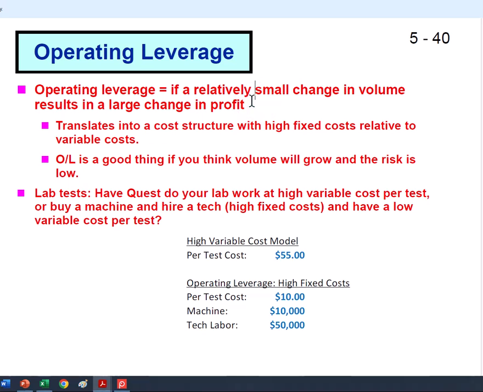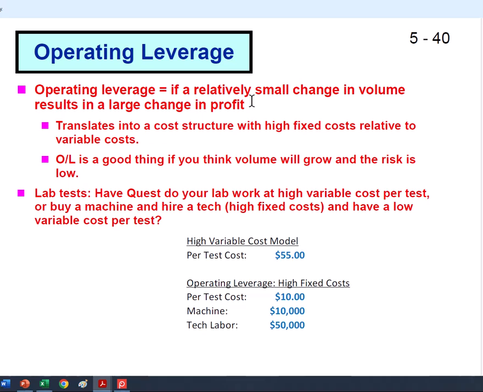So let's simplify this. You're said to have operating leverage if a relatively small change in volume results in a large change in profit. So it translates into a cost structure with high fixed costs relative to variable. Here's the most important thing, and you'll be tested on it.